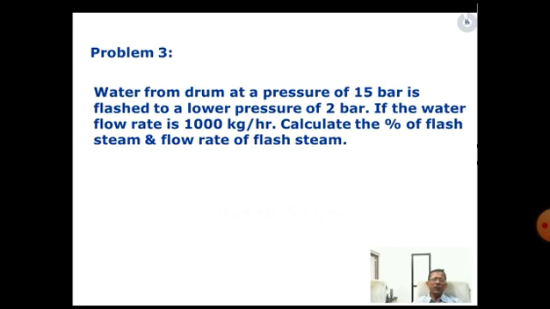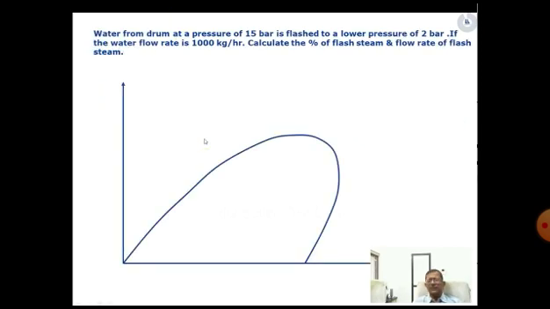So what we do is we first draw the TH diagram, and in the TH diagram we draw an imaginary 15 bar pressure line. CBD would be taken from here, which will have the specific enthalpy of saturated water, HF. Let us say it is HF1 for the higher pressure.